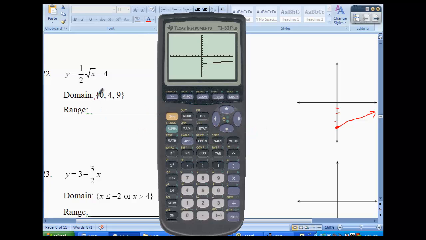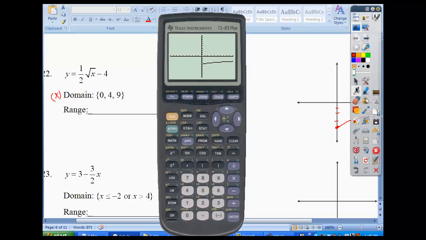So back to my domain and range. These are specific sets of numbers that you're given, and remember, domain is your x value, so all I'm going to do is do the different versions of the numbers that I get.